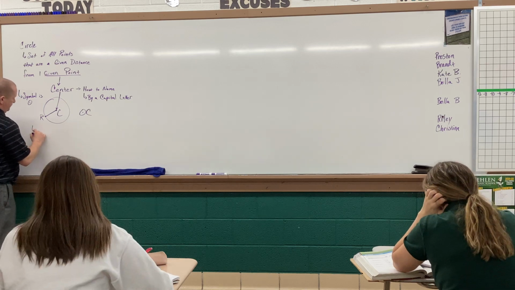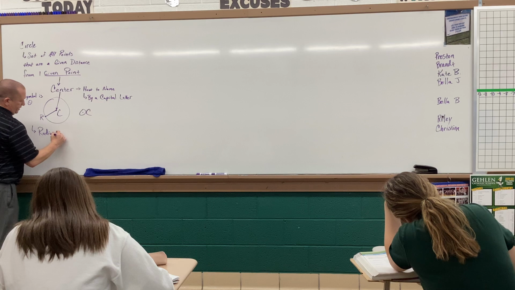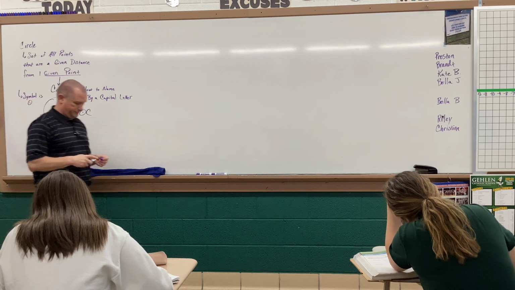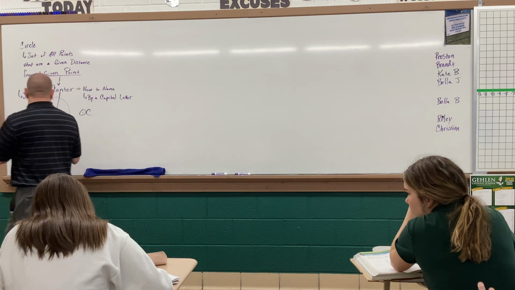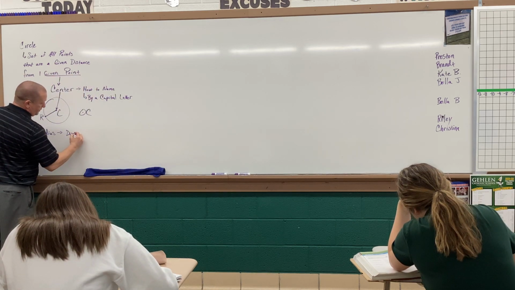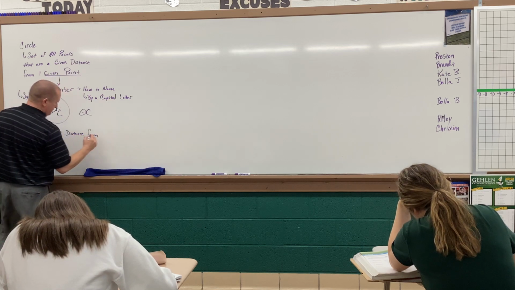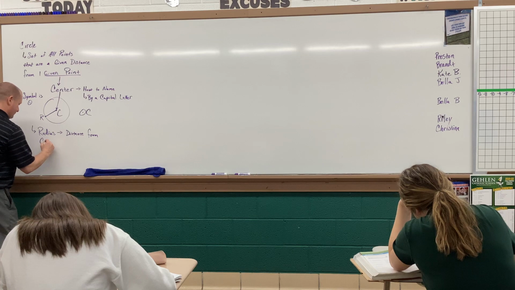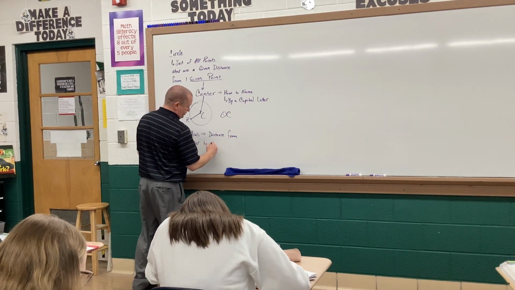So my second vocabulary word would be a radius. And a radius is simply what? How can I describe it? The distance from the center to the side, or to the edge of the circle.